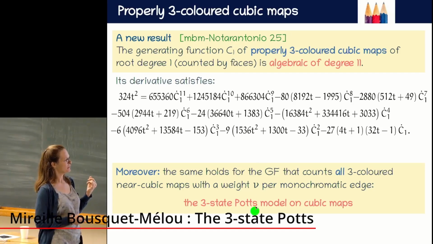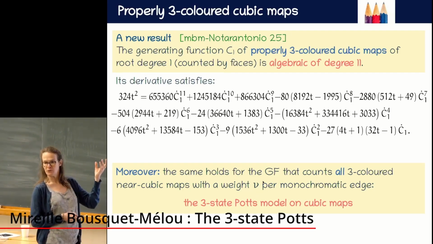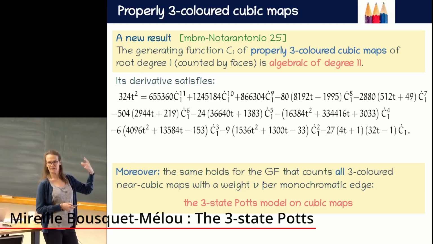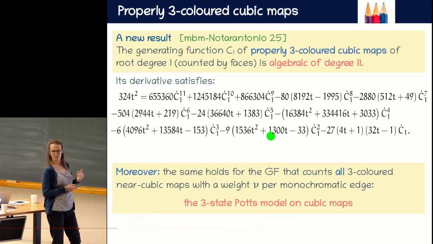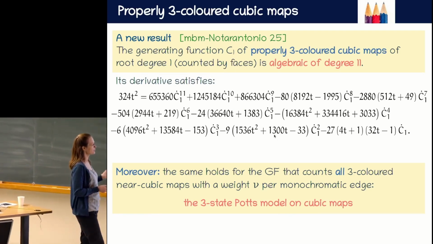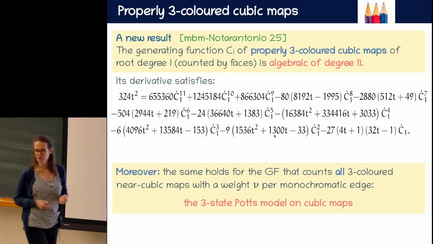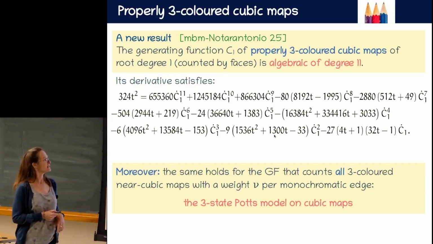This weight is nu. So when nu is 0, you are just not counting anything that would have a non-proper coloring, and you're back to this problem. But this is obviously more general, and we also get something algebraic of degree 11. And this is the so-called 3-state Potts model, which I'm going to discuss in the next slides.